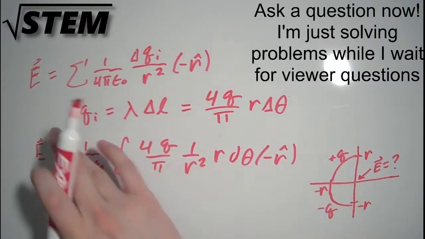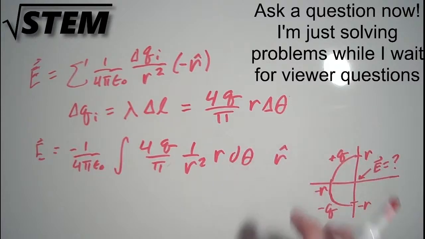Oh wait, no, I put the negative out here. Just in the r hat direction. Does that work? Or do we need to do something else here?